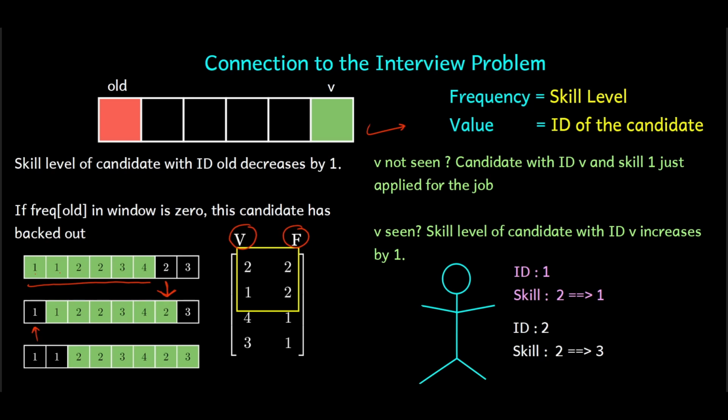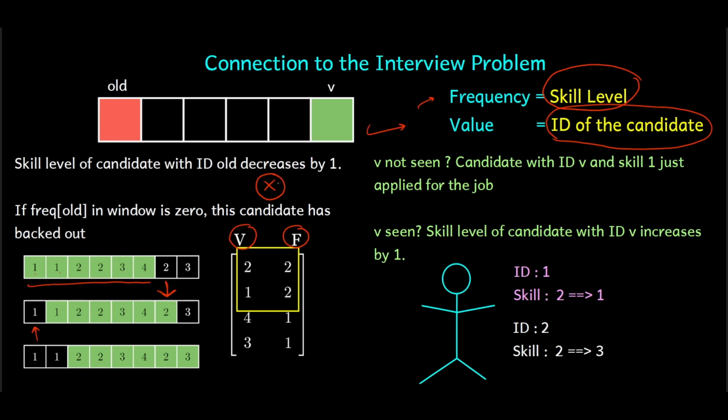To make that actual connection, we will say that the frequency of an element in this window will be the skill level of the candidate, and the value would be the ID of the candidate, because at the end of the day you only need to keep the top X most frequent elements.